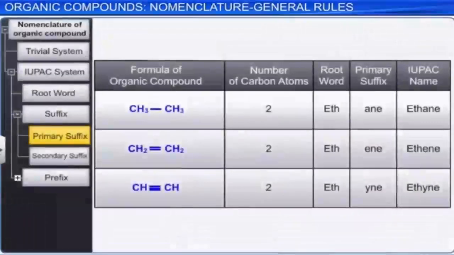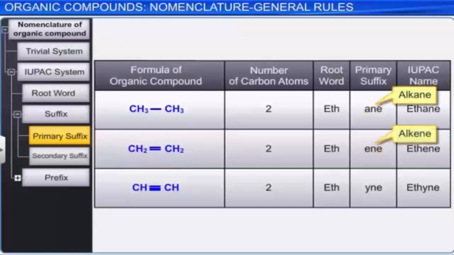A primary suffix is added to the end of the root word. It indicates if a compound is saturated or unsaturated. That is, whether the compound consists of a single or multiple bonds. The 3 primary suffixes are ane for alkane, ene for alkene, and ine for alkyne.